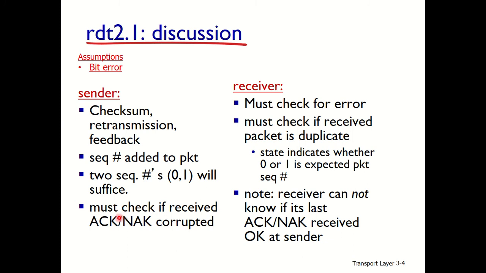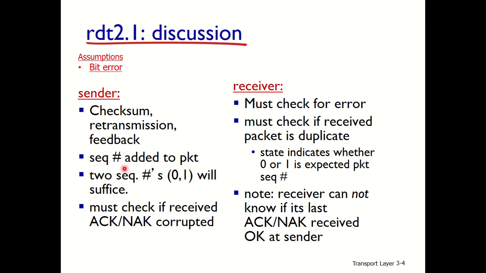So if this is the case, what will happen? If an acknowledgement becomes a negative acknowledgement, then there is redundant transmission. We have already discussed it. And if a negative acknowledgement becomes an acknowledgement, then there can be packet loss. So how do we detect packet loss or a duplicate packet? We use a sequence number.